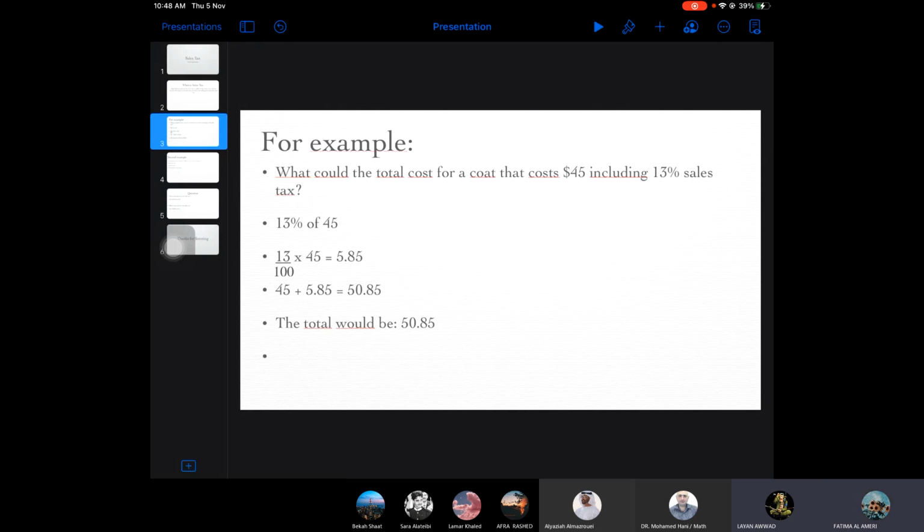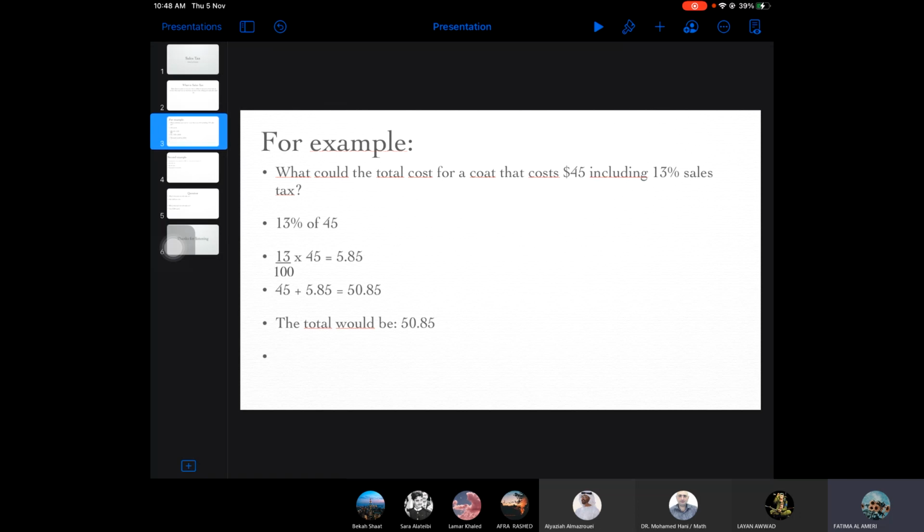Okay, I repeat again. For example, what is the total cost for a coat that costs $45 including 13% sales tax? You need to calculate the tax amount, then you add it to your original amount. So I have 13%. Percent is 100, so we will do it as a fraction: 13 over 100.